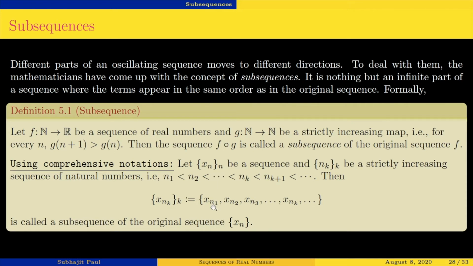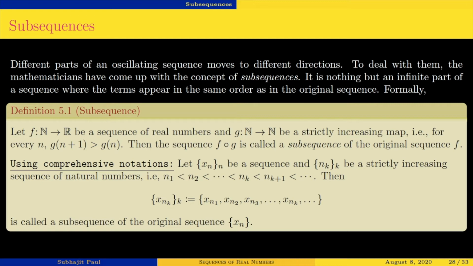N1 is the smallest, so the term Xn1 appears the very first among all these things, and then Xn2, Xn3, and so on. So this is the definition of a subsequence.